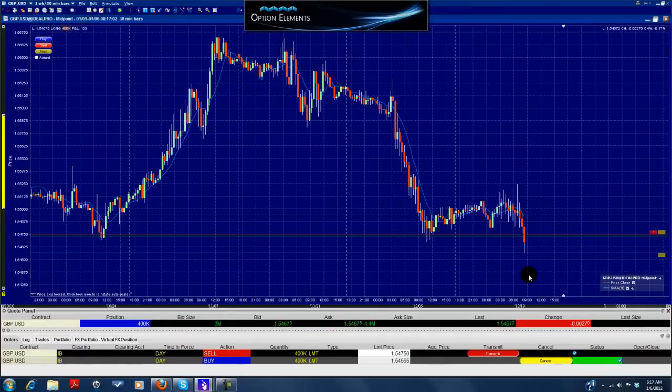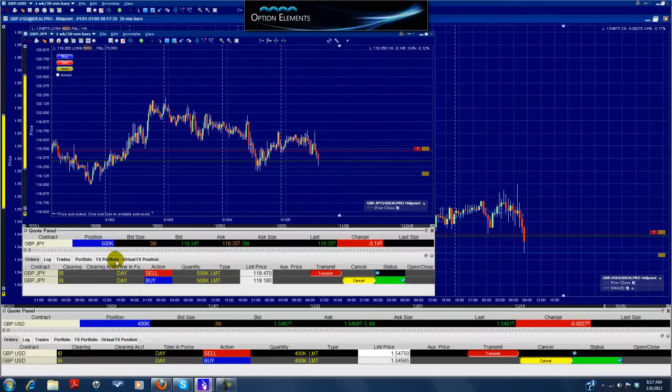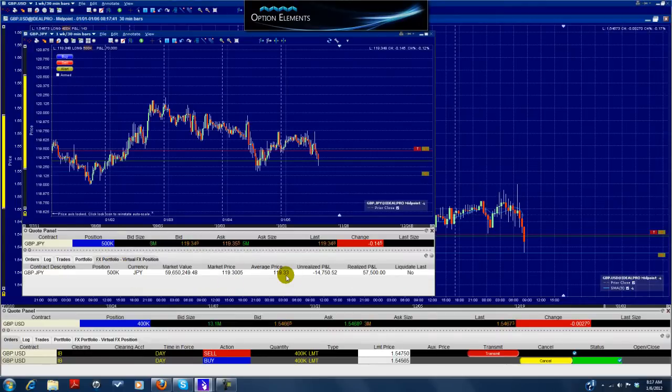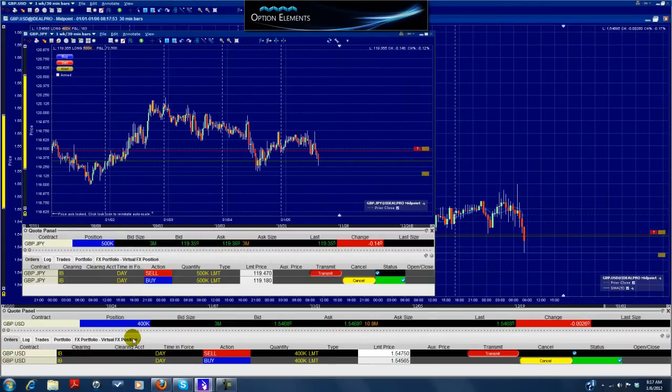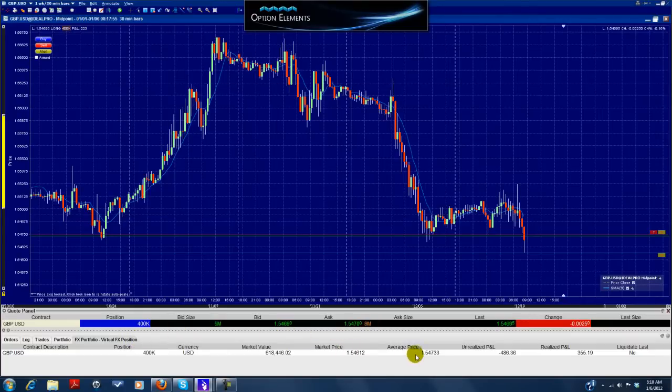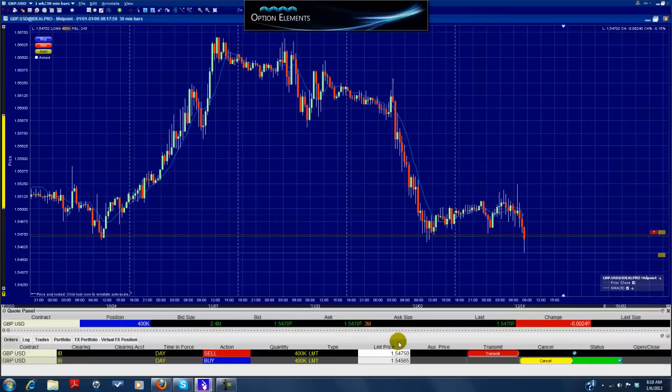That's what we're going to do. Let's see, where are we long from on our yen? 33. And we are long on our pound from 73.